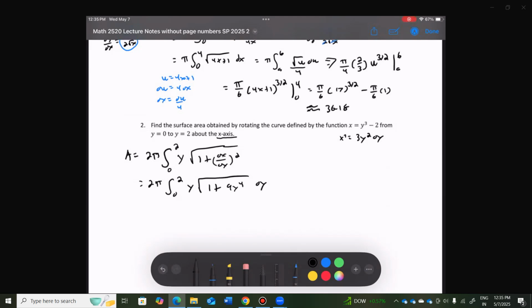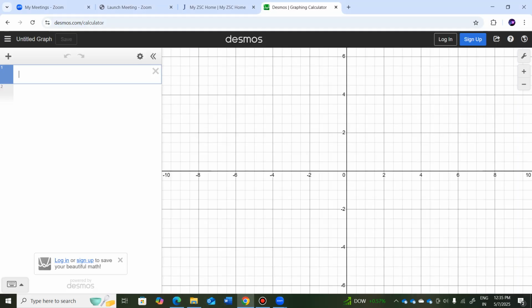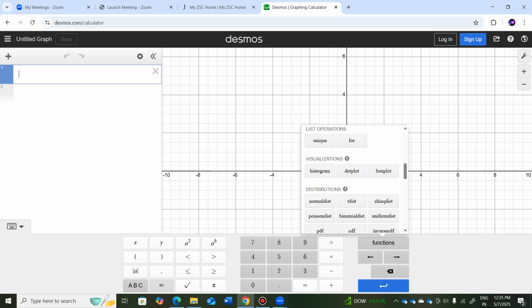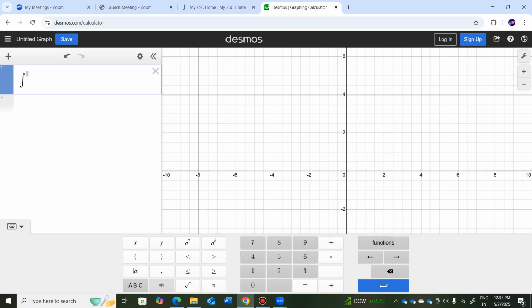Okay. And so something like this, and this is one of the last ones, I'm going to plug into Desmos. So to plug an integral into Desmos, find your integral.